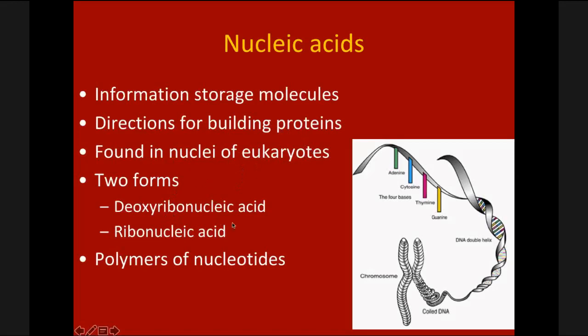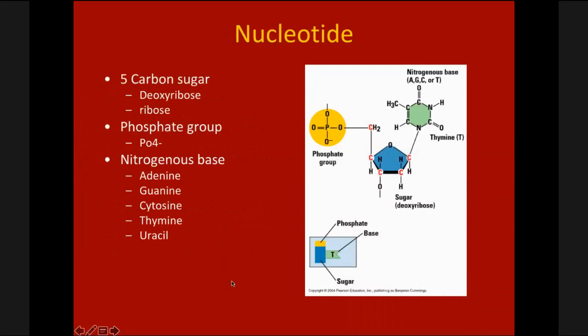There's two forms of nucleic acids that we're going to be talking about: deoxyribonucleic acid, which is DNA, and ribonucleic acid, which is RNA. They're abbreviations. Both of these are polymers of the monomer nucleotide. A whole chain of nucleotides helps us build RNA, or DNA if you have two strands of nucleotides. For the nucleotide, the monomer, let's take a look at its structure a little bit.